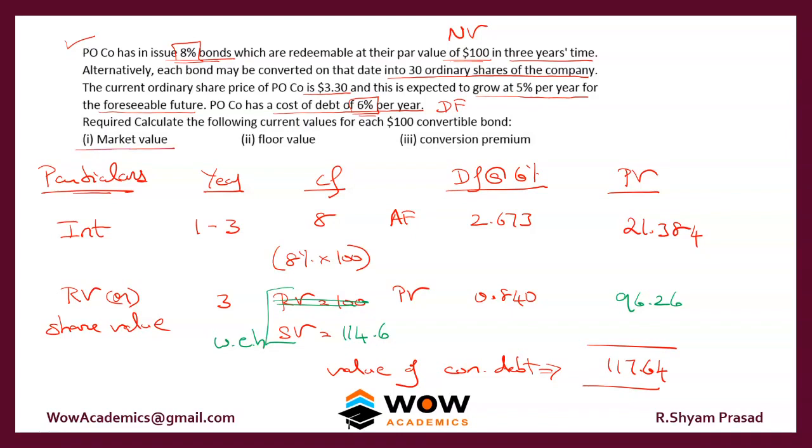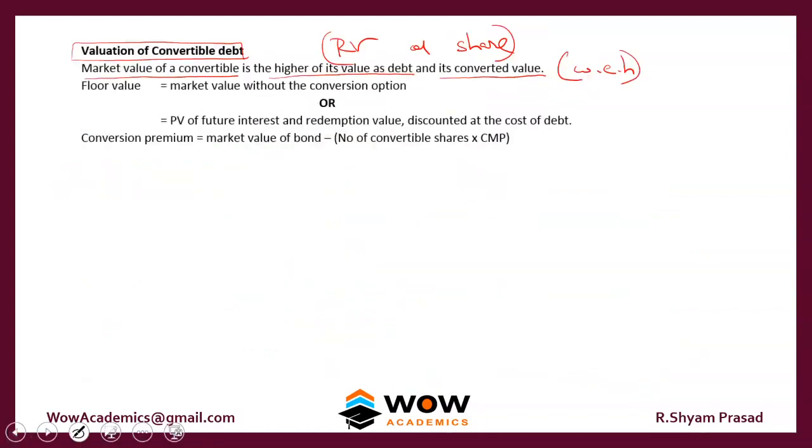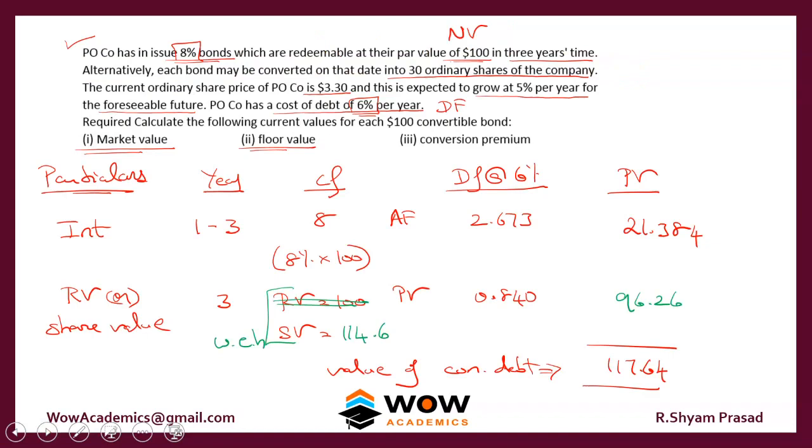So we got the first one, the market value. The second one is the floor value. What is a floor value? Floor value is the market value without the conversion option. So without the conversion option, what would be its value? We are not going to have the conversion option. We are only going to have the redeemable option. The redeemable option is 100 worth.